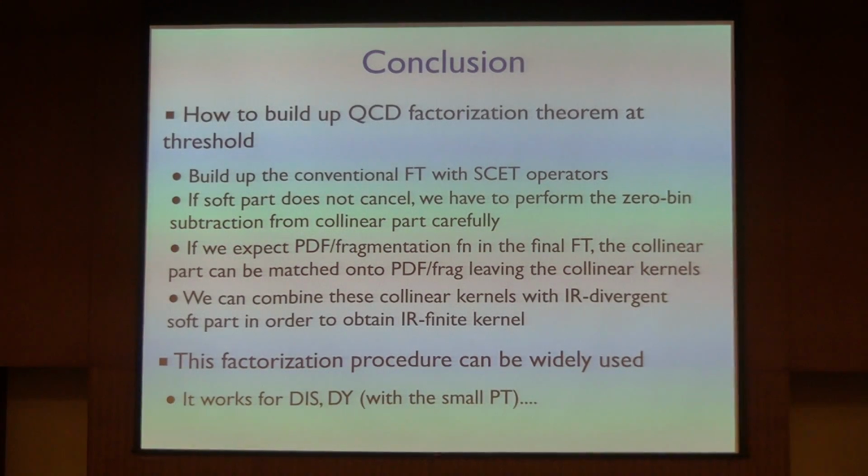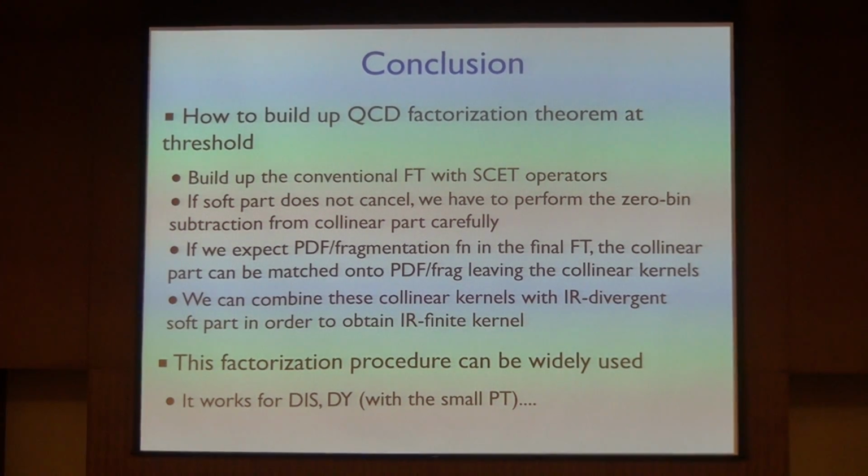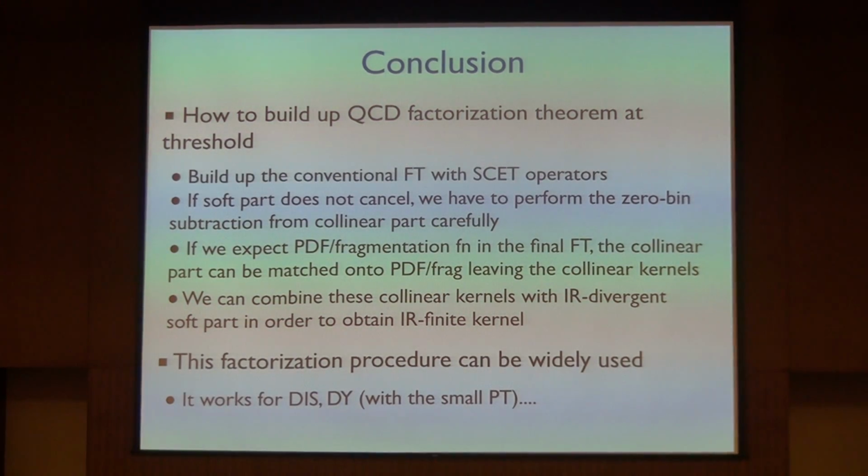This collinear kernel has been introduced in order to cure this double counting problem. But this collinear kernel is very useful. When you combine this with the soft part, we can get a consistent, well-defined matching coefficient at the intermediate state. Okay, this is my vision.